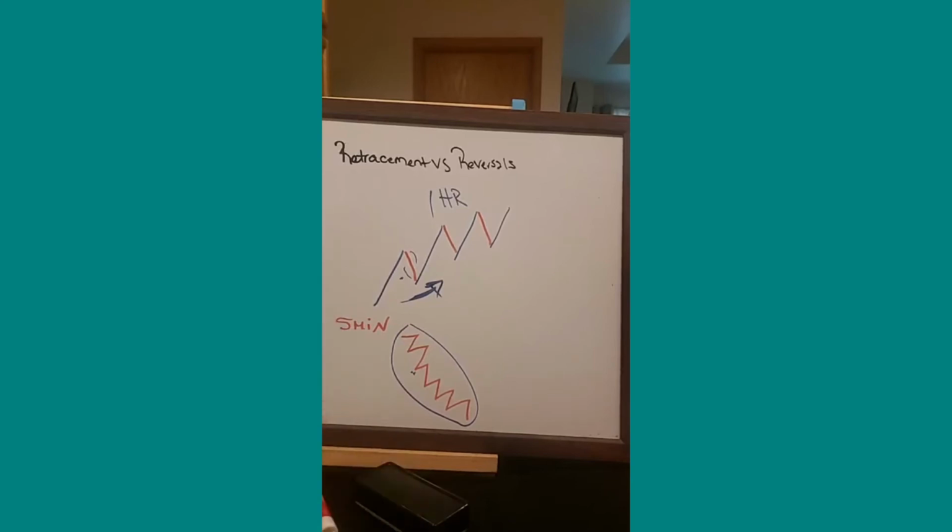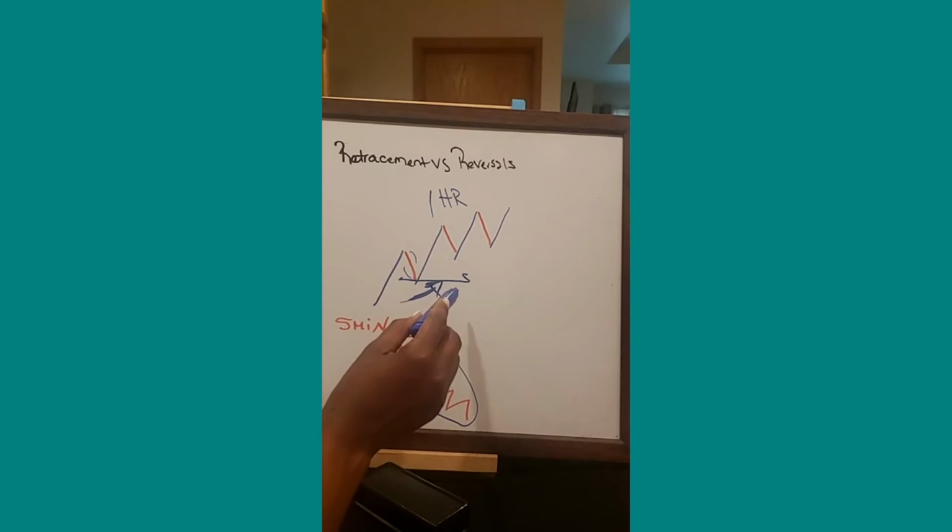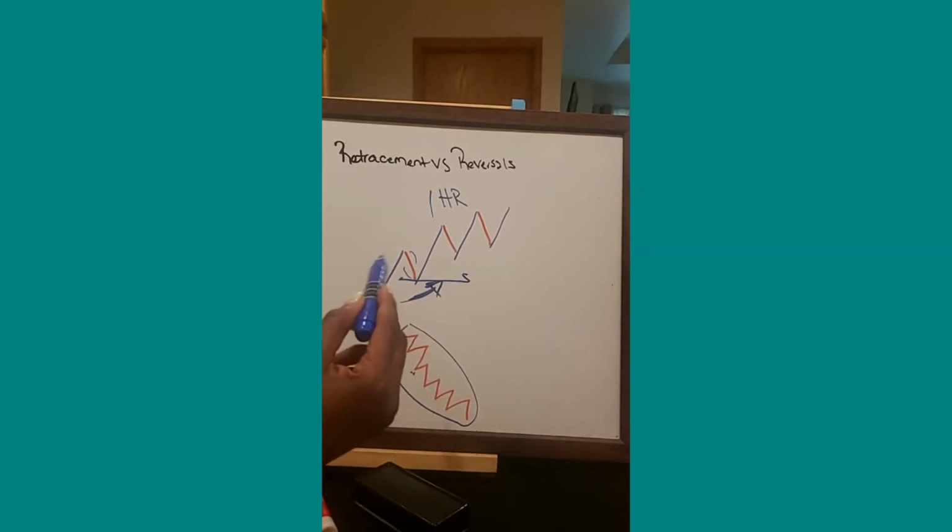You are trying to figure out what's happening, where is price, what's going on, am I getting a pattern, can I get in? You are waiting for this to be over. And if you go to your higher time frame, this has probably now come to a support level, right? On your higher time frame, stay with me.